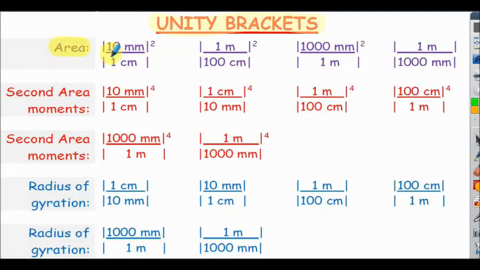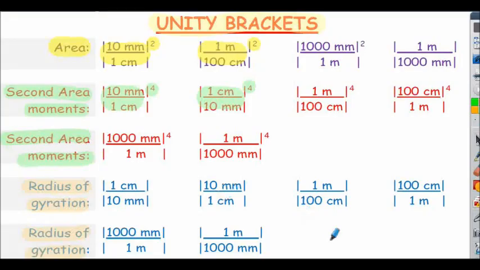So for area, I'm showing a relationship between millimeters and centimeters squared here, between meters and centimeters squared here, etc. On the next line, I'm showing second area moments here between millimeters and centimeters to the power 4, centimeters and millimeters to the power 4, etc., etc. Second area moment conversions continue on the next line, and also conversions for radii of gyration between various units. Because they're linear dimensions, I think these are easier for students to undertake conversions between meters, millimeters, centimeters, etc.